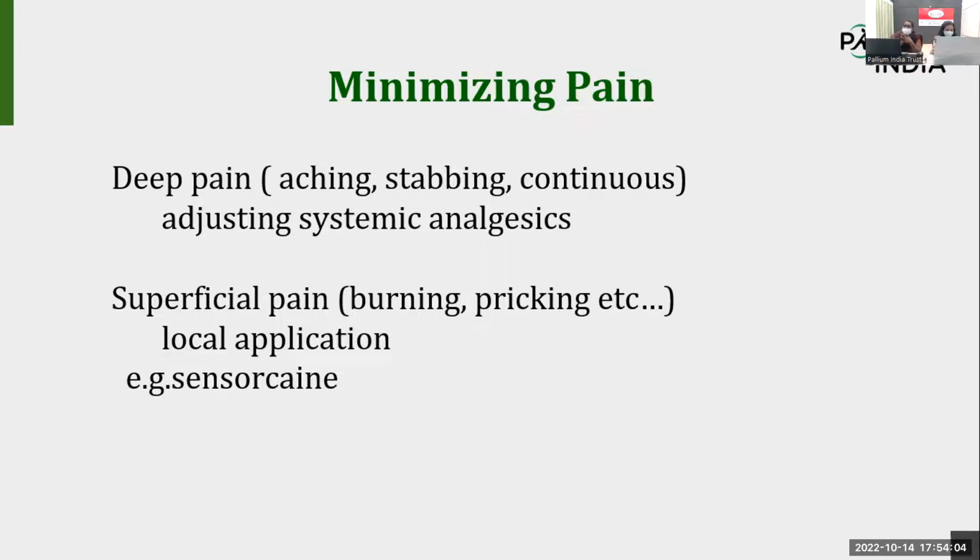But if they have neuropathic pain, like superficial pain, systemic analgesics may not work well. At that time you can apply a local anesthetic agent like sensocaine or xylocaine to the wound. After 2 to 10 minutes, the patient will get the local anesthetic effect. Then you can do the dressings.